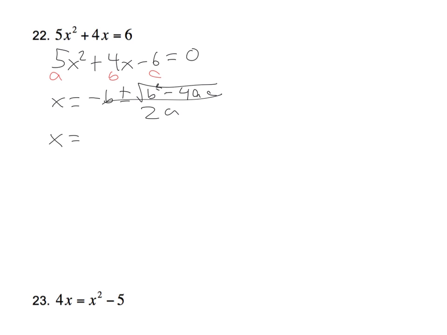So x equals negative 4 plus or minus the square root of 4 squared minus 4 times 5 times negative 6 all over 2 times 5.